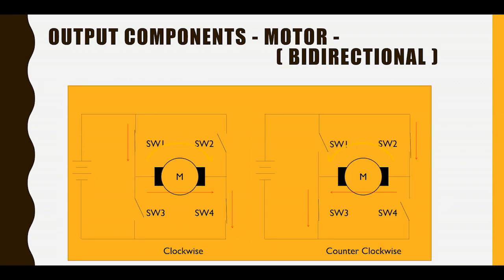Like I have mentioned just now, for the clockwise direction, you can see it here on the left. The positive is here, negative there, and then for the counterclockwise direction, positive is on the right, negative is on the left.